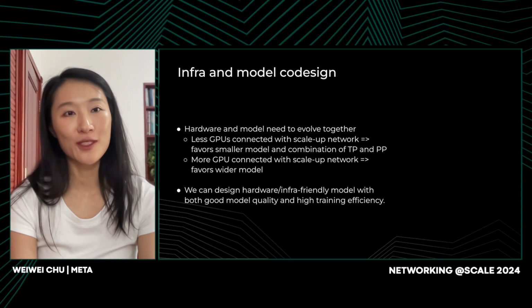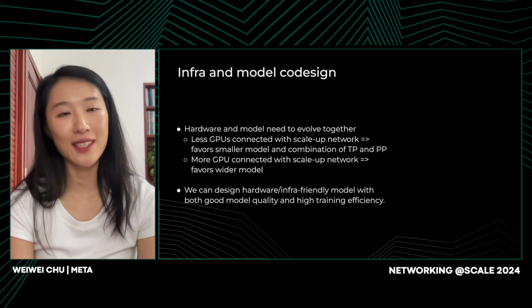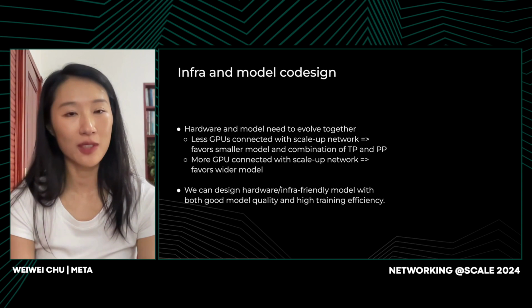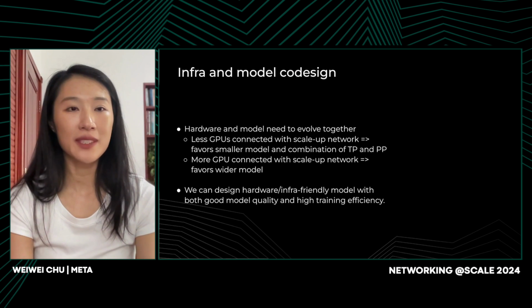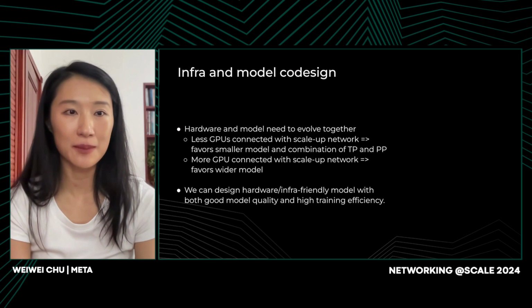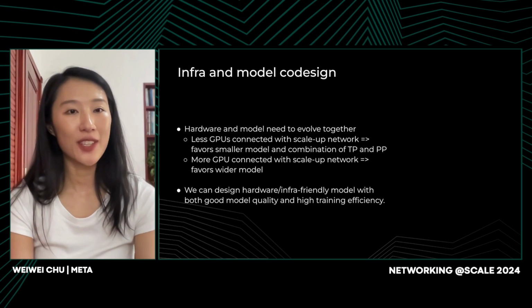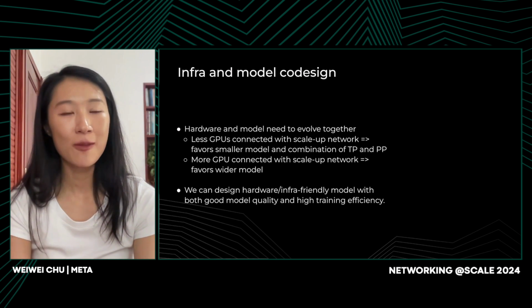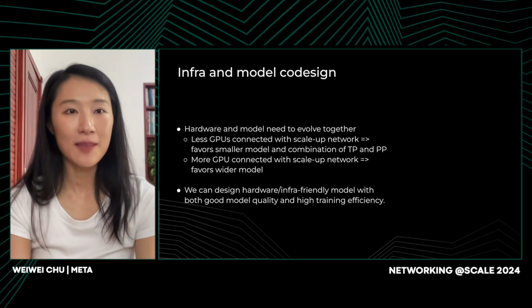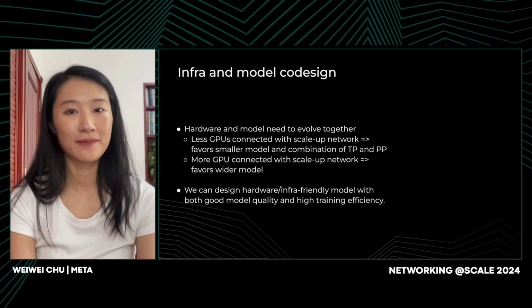For example, if we have fewer GPUs connected with scale-up network, this infra will favor smaller models and a combination of TP and PP for parallelisms. But if we have more GPUs connected with scale-up network, we can design wider models, and a new model architecture may be more favored in this setup.